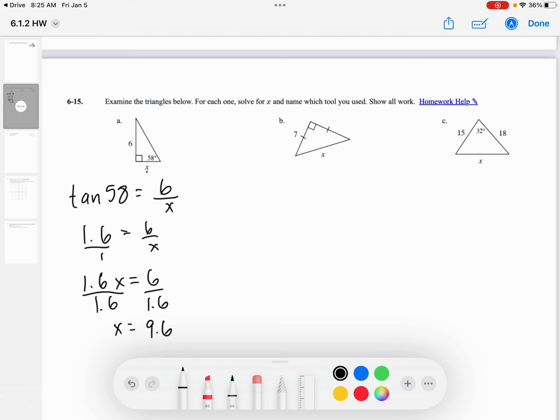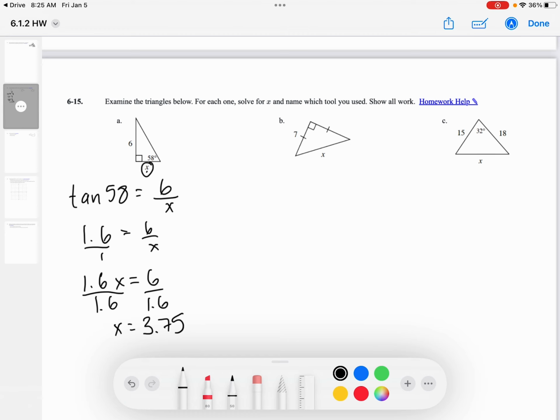That is not right. 6 divided by 1.6, I must have put something wrong, it is 3.75. Again, that made me feel weird because this angle is less than 45, so I know that that side is going to be less than 6.